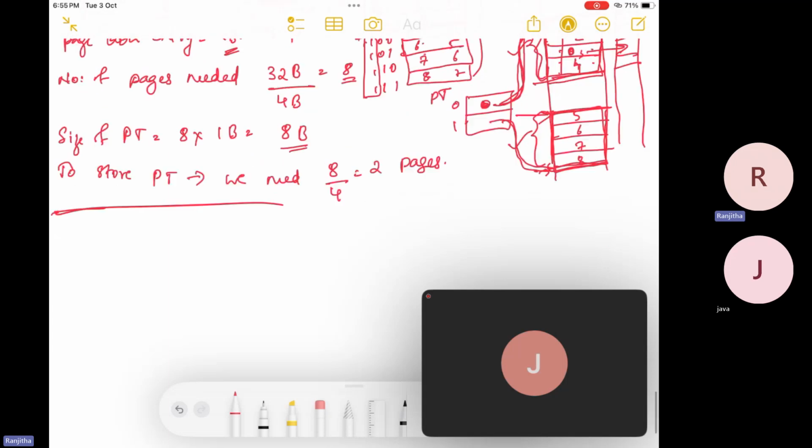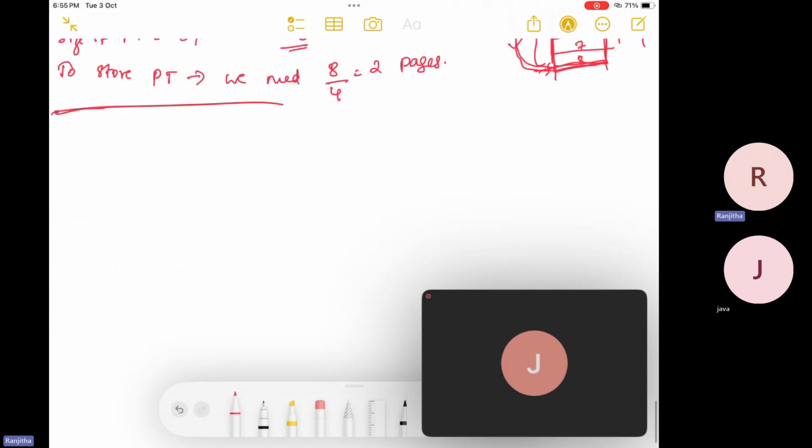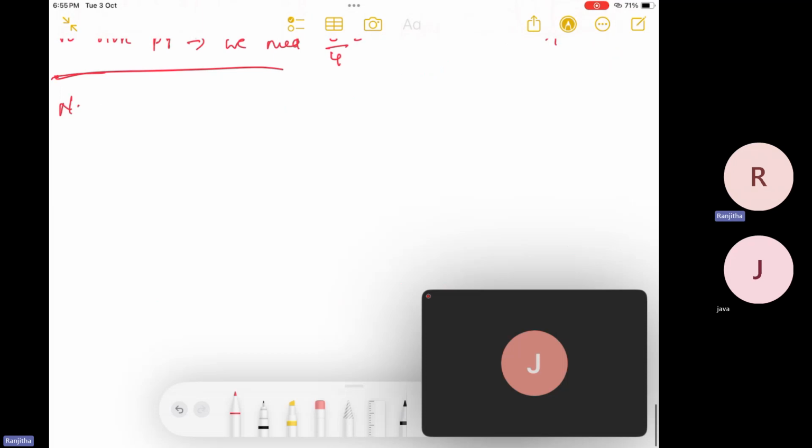Earlier we found out how many pages from the memory; here they tell us the number of pages is 2 power 15, the page size is 2 KB, and the page table entry size is 4 bytes.